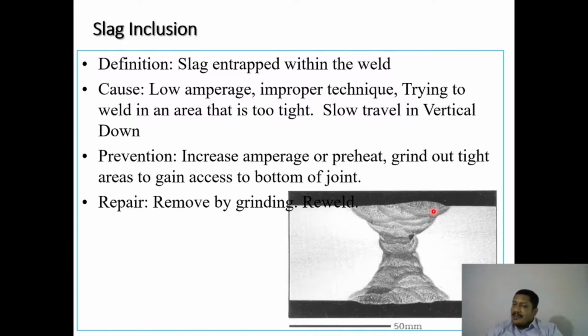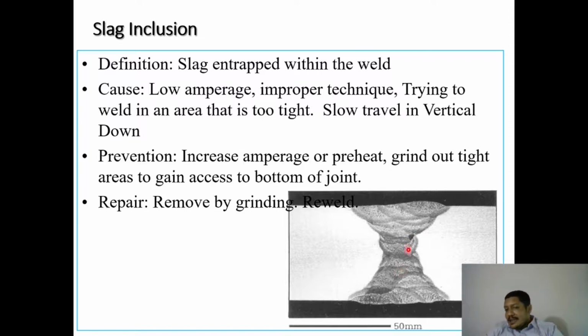Once the welding is over, normally you chip the top surface so that the slag is moved away from the plate. But without chipping, if you try to weld again on the surface, the slag will now be inside your weld.